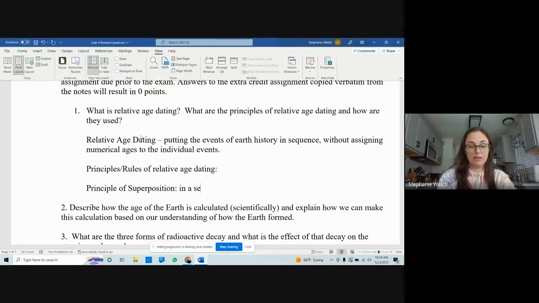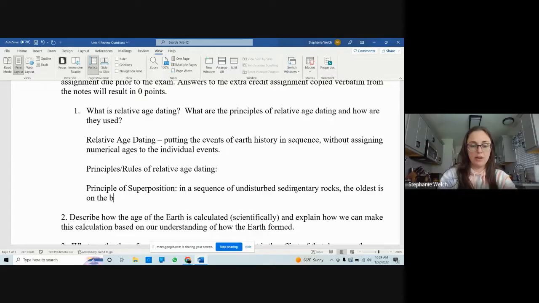A sequence of sedimentary, let's say, undisturbed sedimentary rocks. The oldest is on the bottom, and the youngest is on the top.